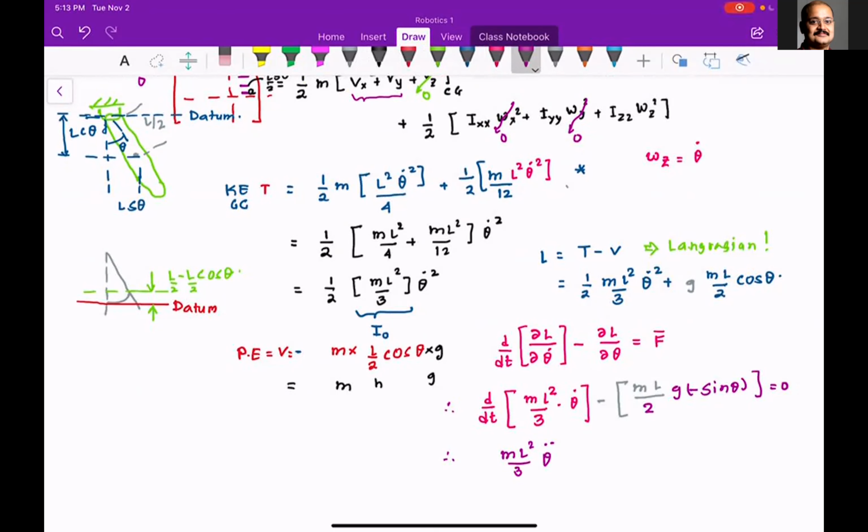So minus becomes plus, plus m g L sine theta by 2 is equal to 0. Yeah, because there is no force on this.